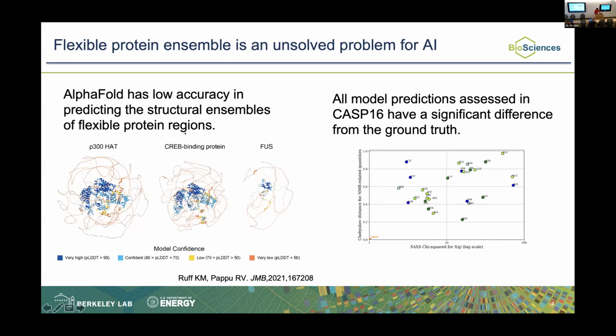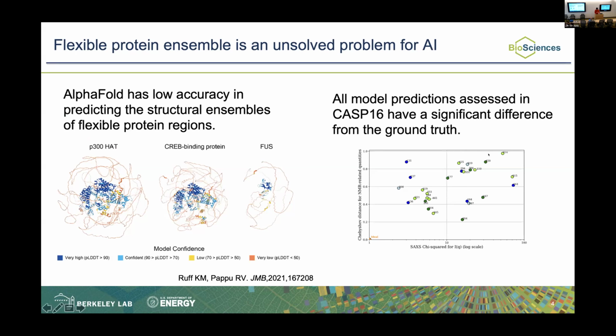More in detail, AlphaFold has low accuracy in predicting these spaghetti structures and usually labels them with red color. So if you see red color in AlphaFold, it's highly likely a disordered protein. They did a good job on that part. They will tell you what they did wrong.